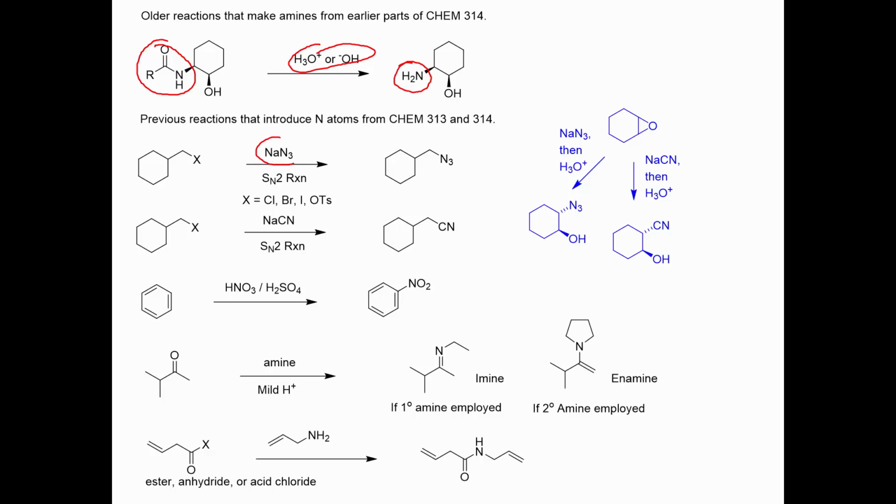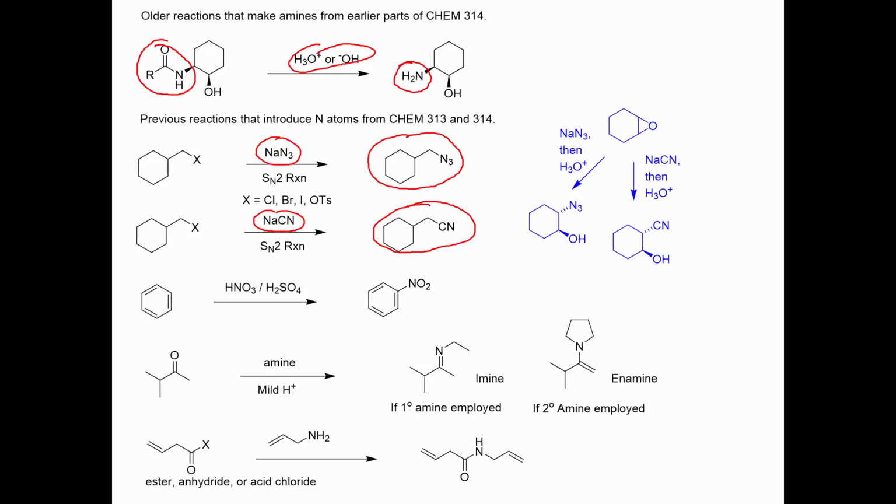Remember, sodium azide will react with an alkyl halide or tosylate to give us the azide, and sodium cyanide will react under very similar conditions with the same type of substrate to give us a nitrile or a cyanide.